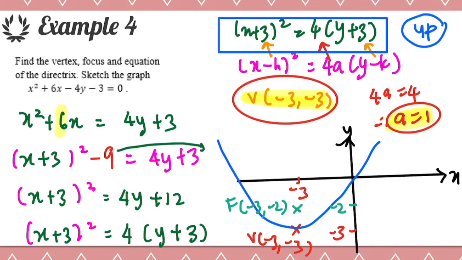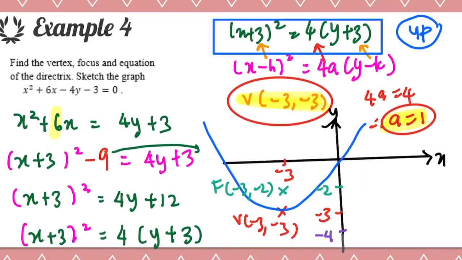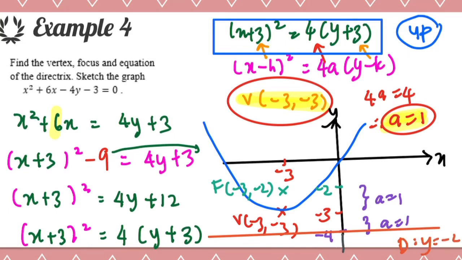How about your directrix? Your directrix is the backbone. We must go down by 1 unit because our a is equal to 1. So we have found our directrix here. Let's draw the directrix line, just a straight line here. You can name your directrix as the line y equal to -4.